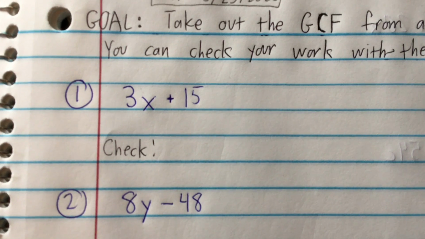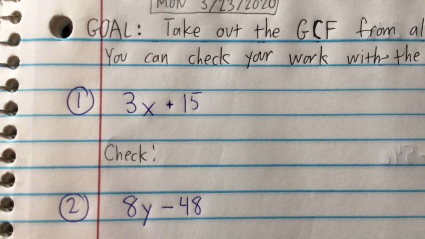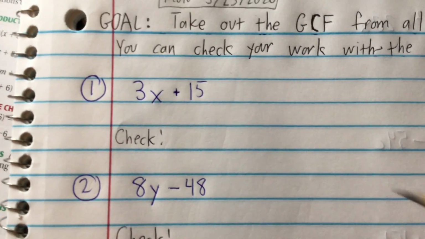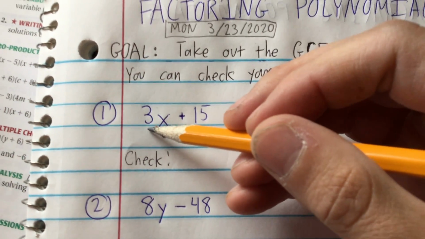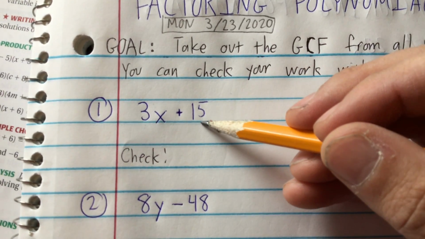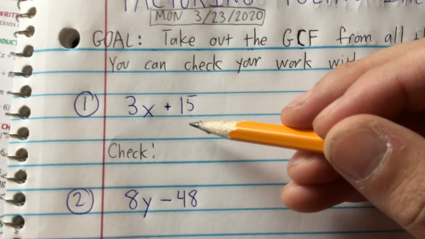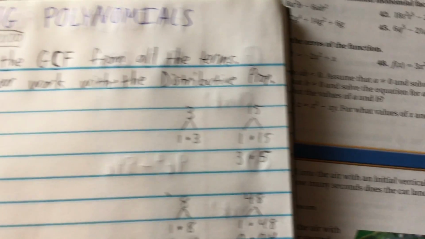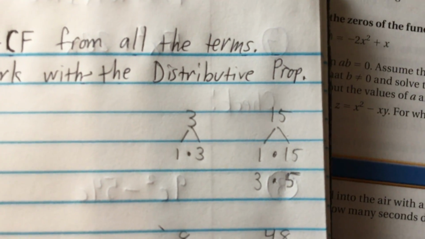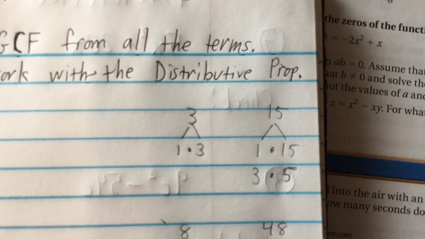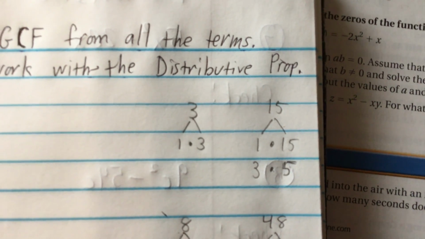3x plus 15. Well, what is the greatest common factor of 3x and 15? First things first, I'm going to look over here with my pencil. I look at 3 and I look at 15. What is the biggest number I can divide out of 3 and 15? Well, 3 can be broken up into 1 times 3. 15 can be broken up into 1 times 15 or 3 times 5.